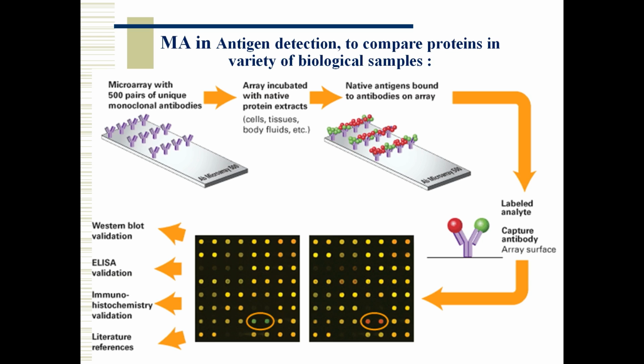Once again, as usual, they are labeled, then the capture antibody array surface is put on a particular slide and can be read by Western blot validation, ELISA validation, immunohistochemistry validation, and literature reference.